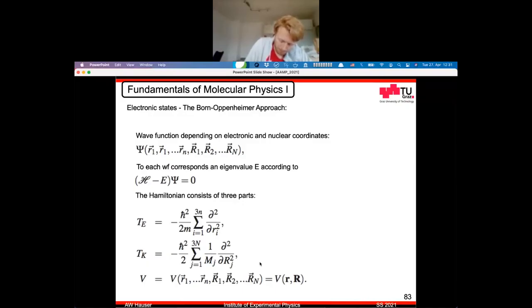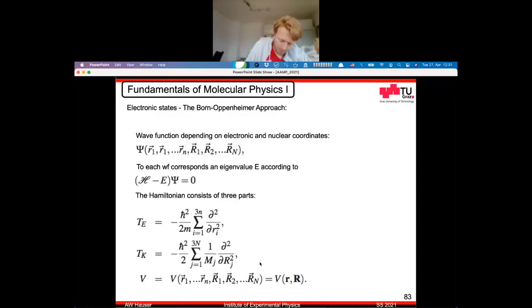So it is typically fair to say that the arrangement of the electron hull is instantaneous in comparison to changes of nuclear positions. So at the moment I'm changing the nuclear position, the electrons will react immediately and will form a slightly different electron distribution practically instantaneously.